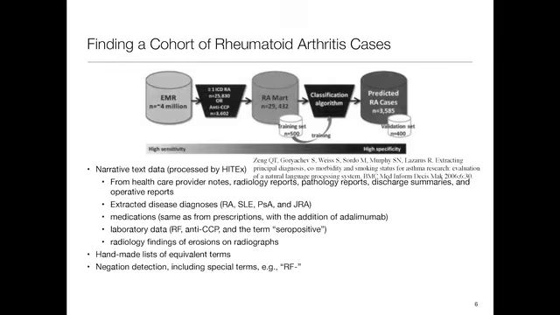And we did this from healthcare provider notes, radiology and pathology reports, discharge summaries, operative reports. And we also extracted disease diagnosis notes, mentions from the same data, medications, lab data, radiology findings, et cetera.